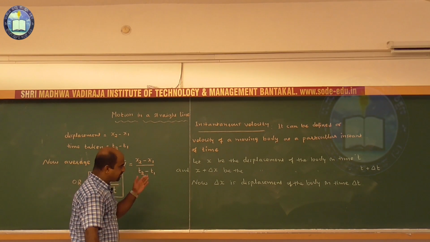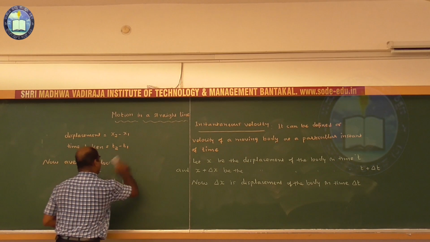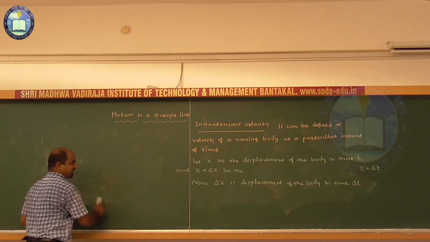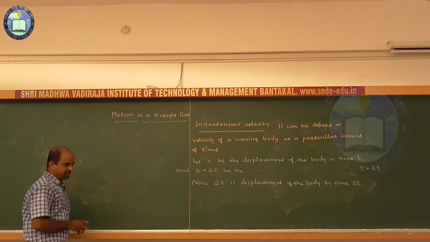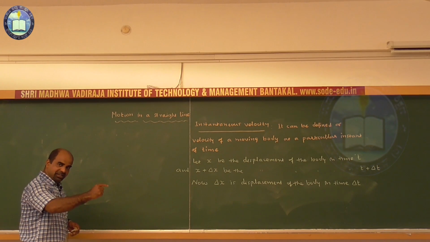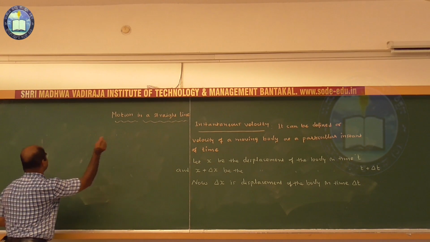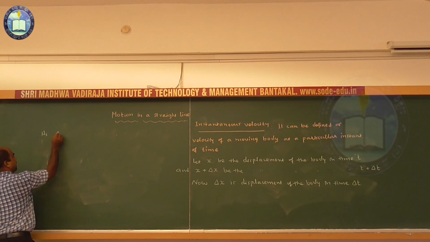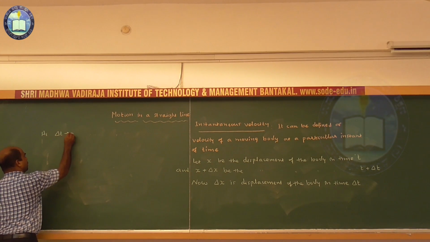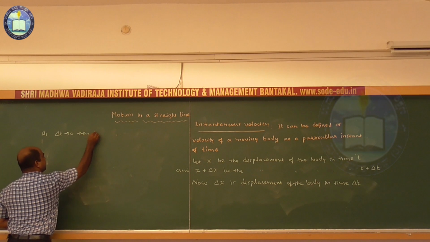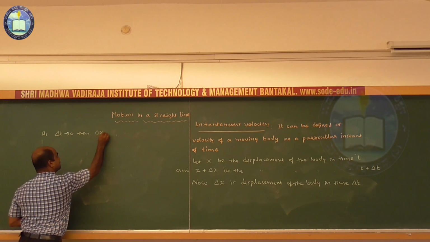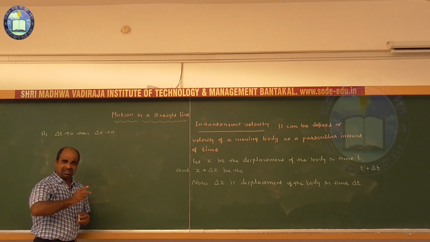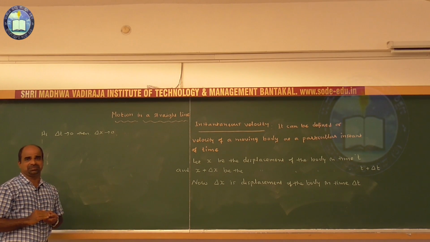So we know as delta t tends to 0, because I told you delta refers to very small, as the time interval approaches 0, then delta x also approaches 0.